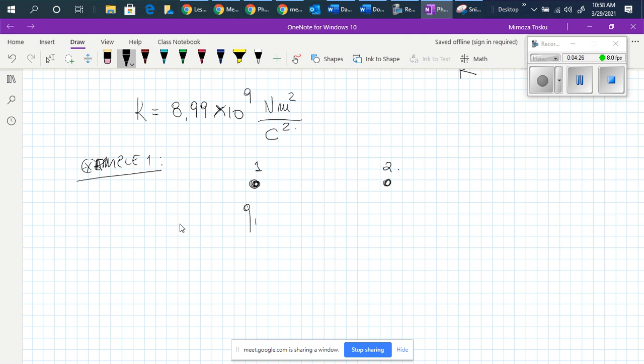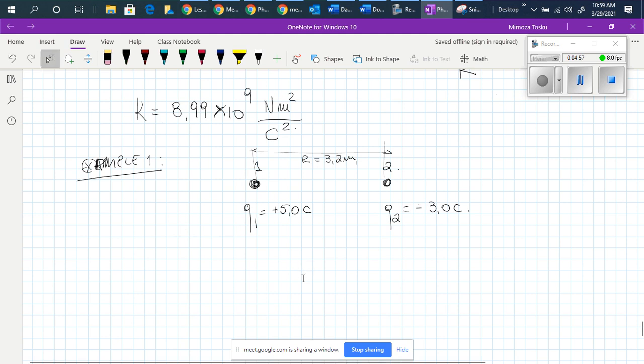Charge 1 is, let's say, positive 5 coulombs, and charge 2 is negative 3 coulombs. They are apart from each other at a center-to-center distance of 3.2 meters.